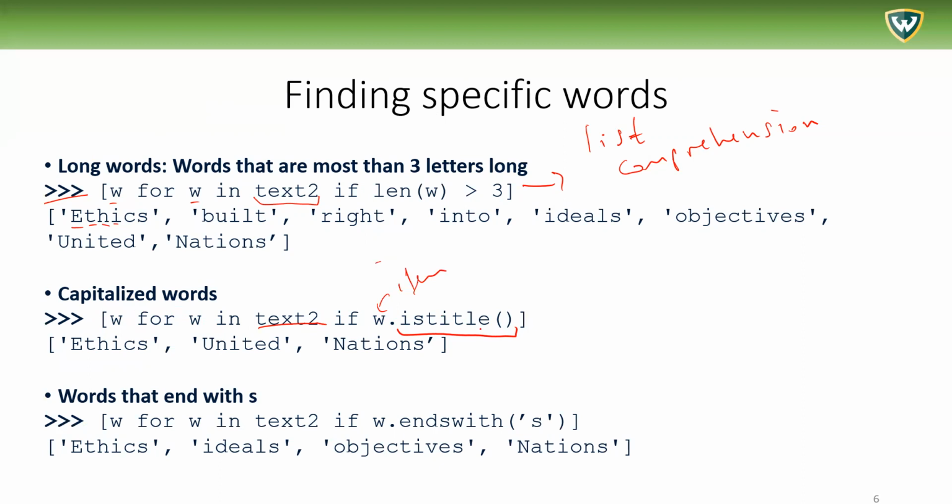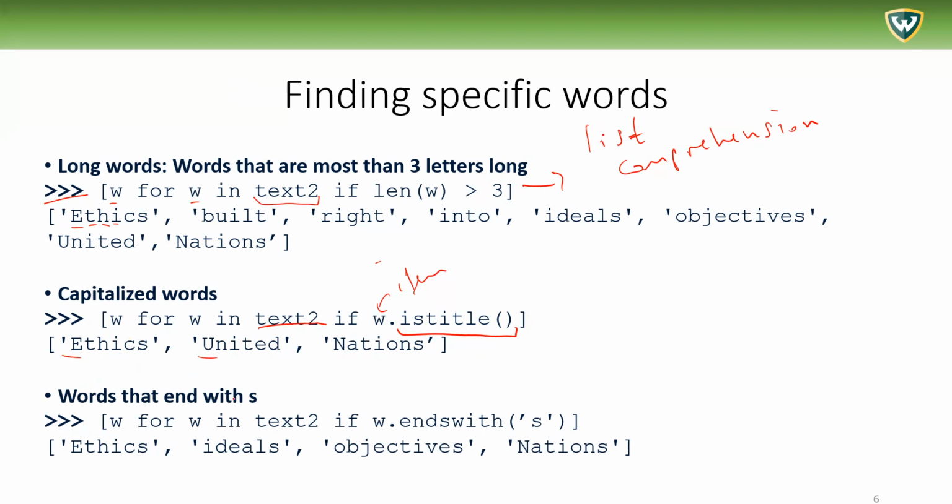And this is primitive to Python. You shouldn't need to import anything for that. And by is title, it's looking for the words that have the first character capitalized. So it's a very basic rule. It doesn't mean that it really is a title, but that's the rule itself, and it may be used in certain cases.